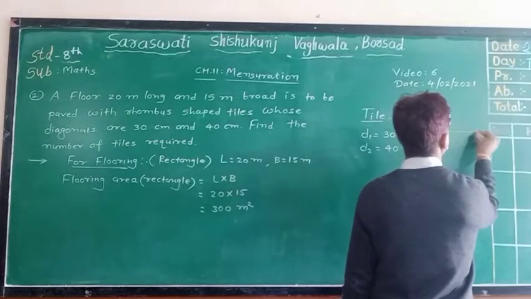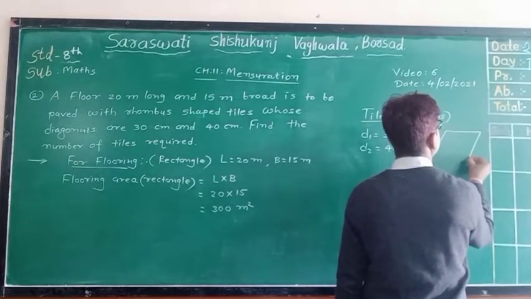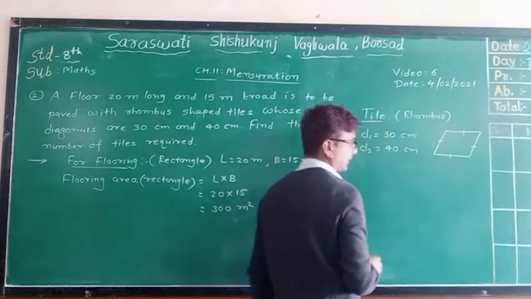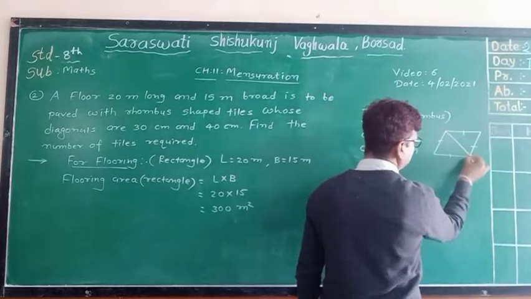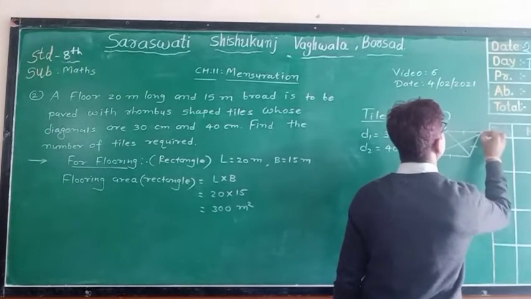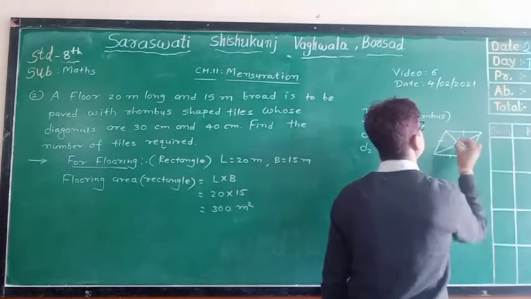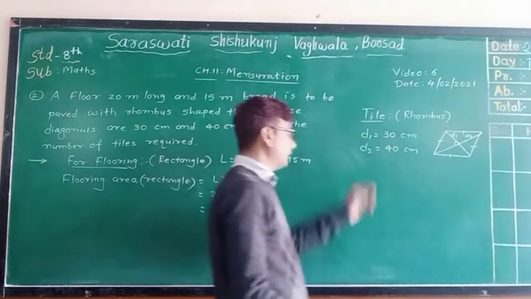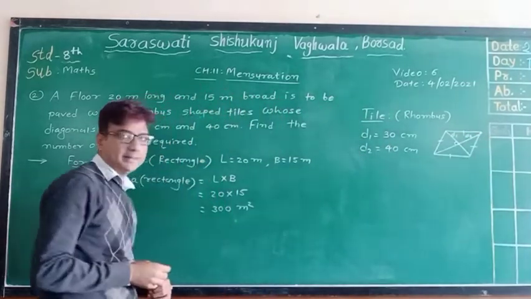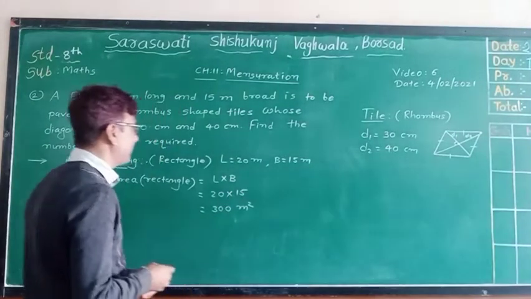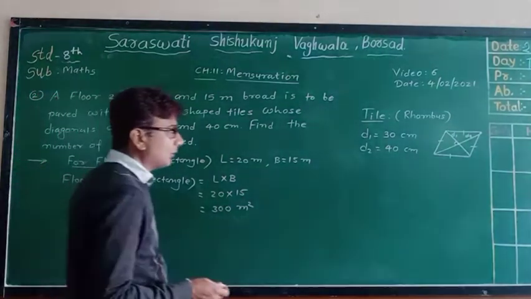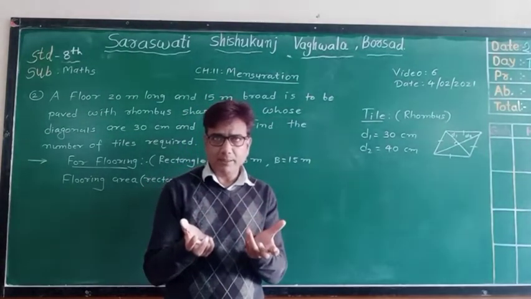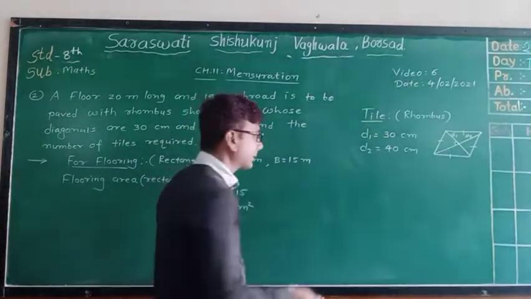All four sides are equal in measurement. These both are diagonals, and the diagonals bisect each other. This is the given diagonal D1, and this is diagonal D2. So the D1 diagonal measurement is 30 cm and the D2 diagonal measurement is 40 cm. Now, first we will find one tile's area. That means we have to write here the area of a rhombus.